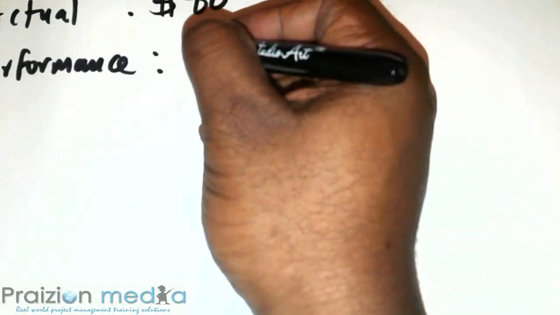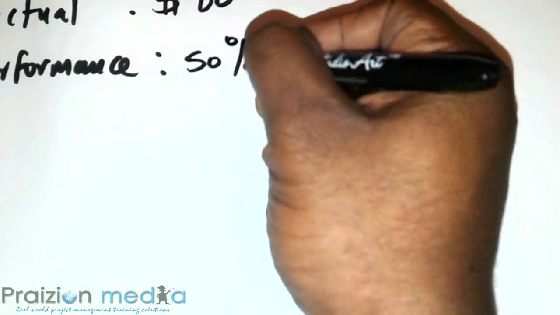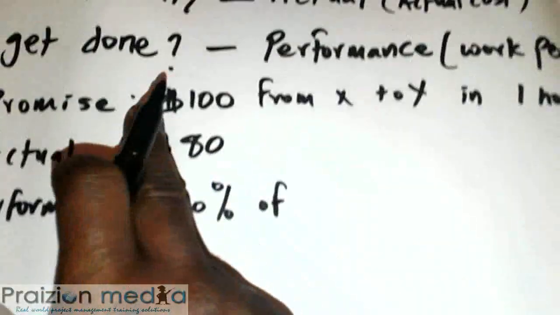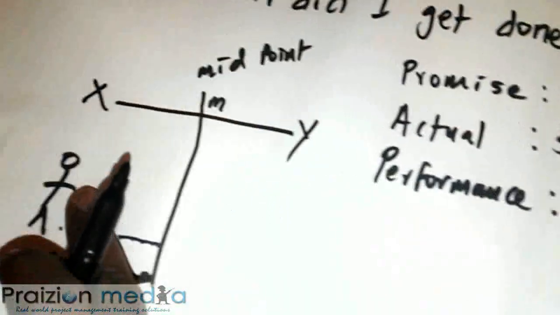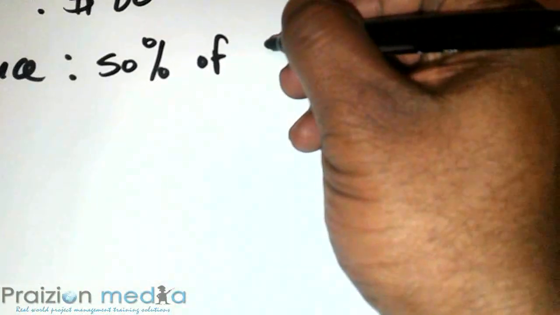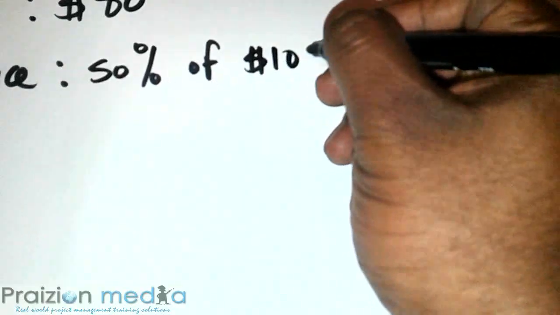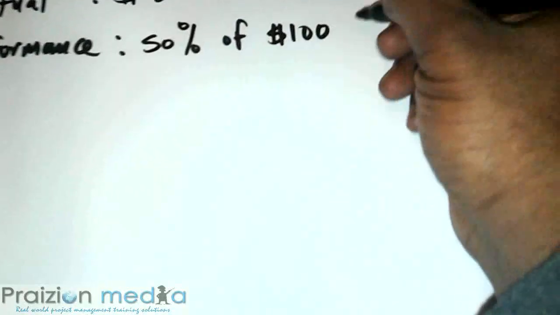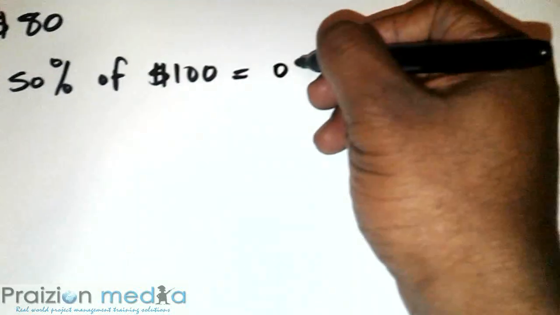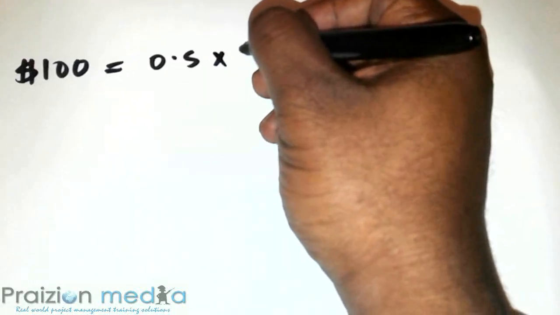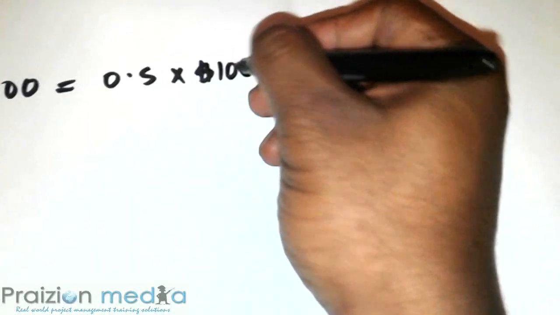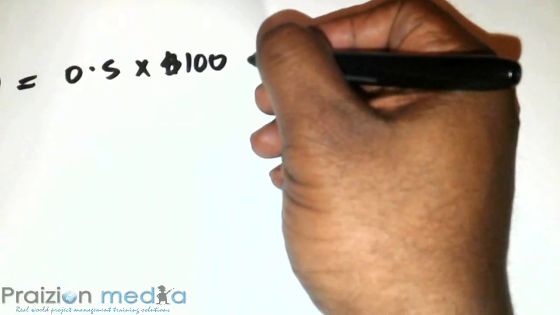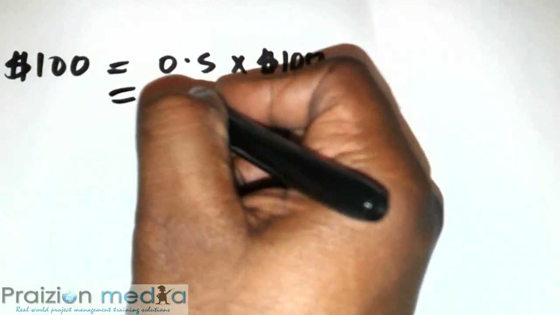So 50% of the $100 worth of what was planned is really what he has been able to perform. That's 0.5 times 100, and that is $50.